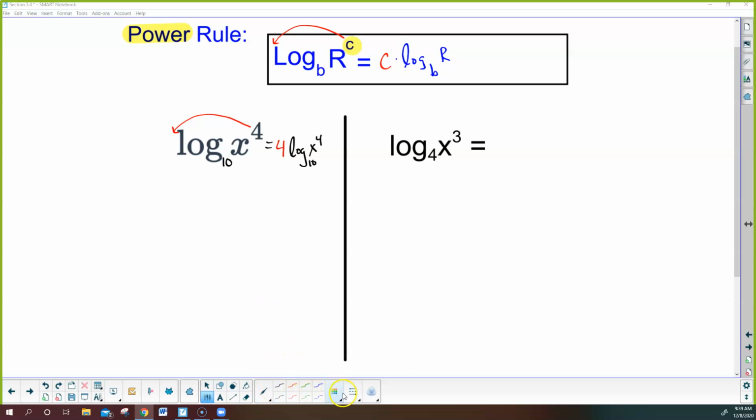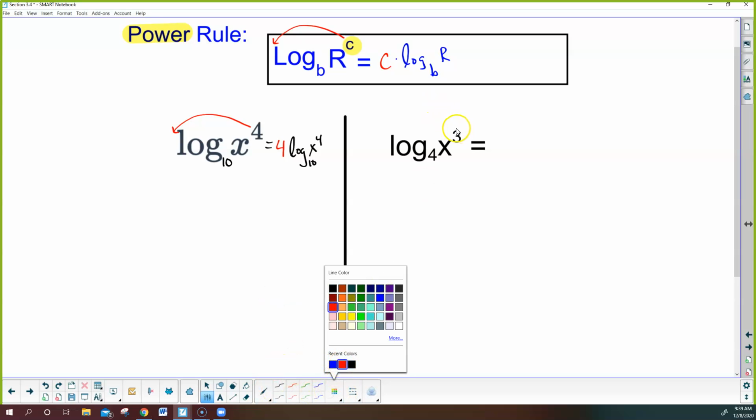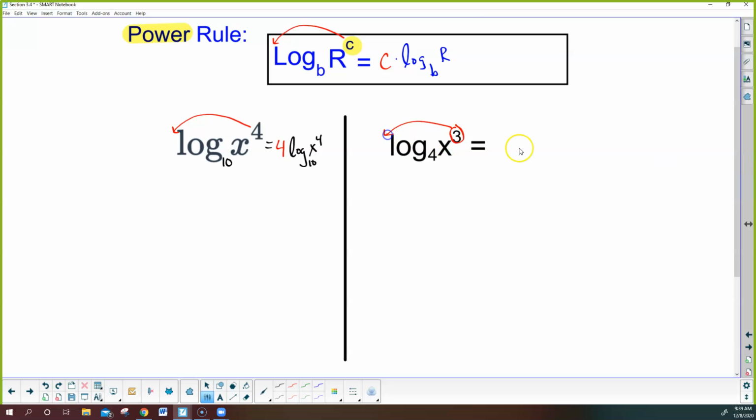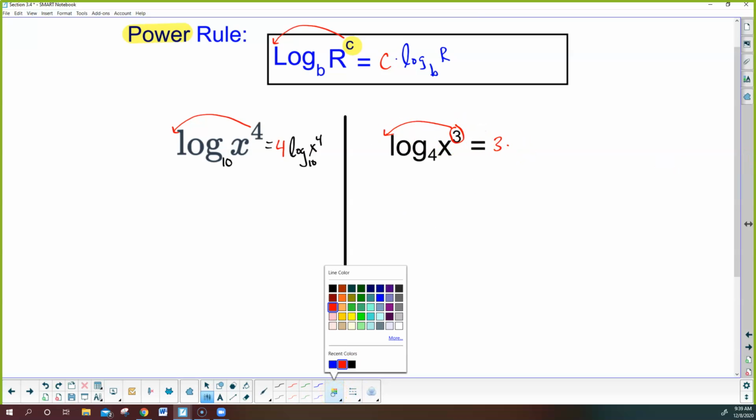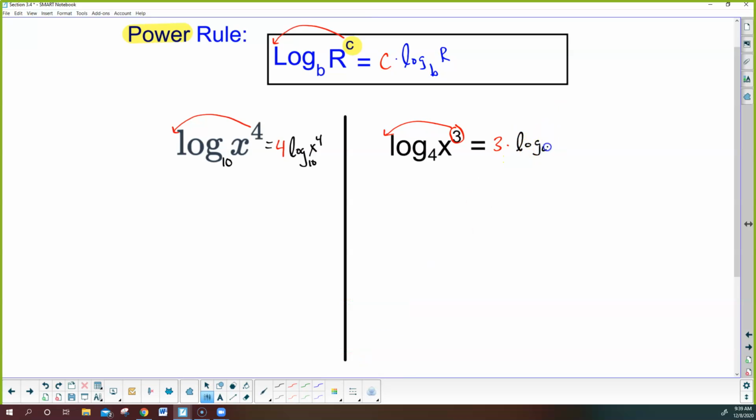All right, so we've got the power of 3. It's just going to come out in front, and it's the log of x base 4. Now, this is just one small rule. We're most likely going to apply it with other rules, so very rarely is it just one rule that we test. A lot of times it's combined together.